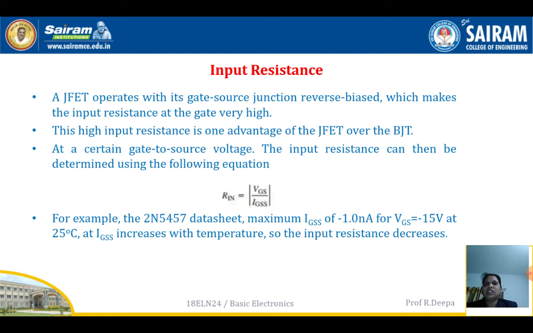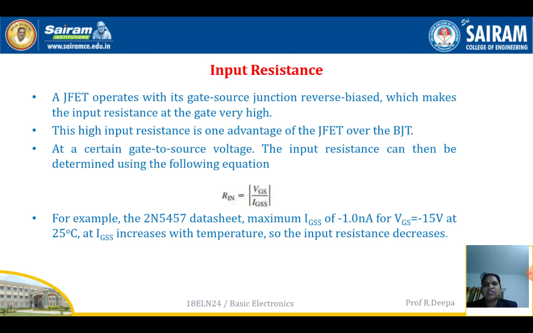Finally, what is the input resistance offered by the JFET? As I told in the introduction itself, the input resistance at the gate terminal is very high, because the JFET is always operated with the gate and source junction reverse biased. When it is under reverse bias, it provides a maximum resistance at the gate terminal. This high input resistance is an advantage for the JFET over the BJT.